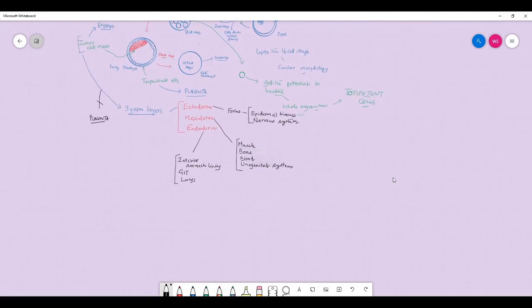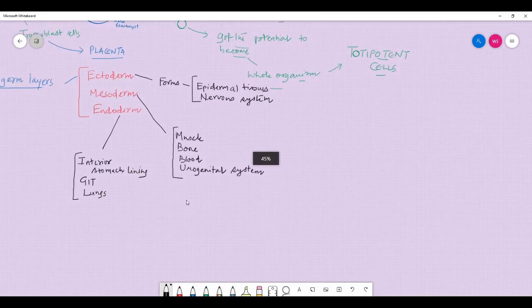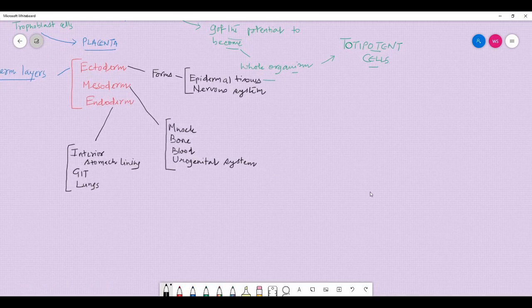Because this cannot form the placenta but can form ectoderm, mesoderm, and endoderm derived cells, the cells of the inner cell mass we call pluripotent cells.